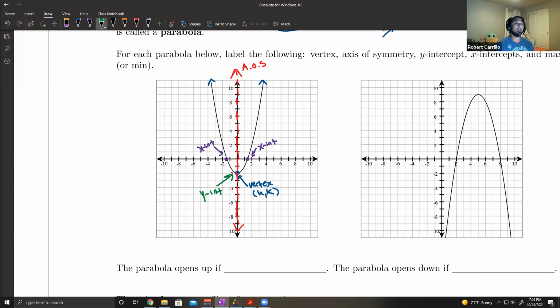Since this parabola opens up, it creates a low point, and this low point is called a minimum. Whether your parabola opens up or down, the vertex is always also going to be considered a minimum or a maximum. In this case, since we open up, the vertex is going to be considered a minimum.